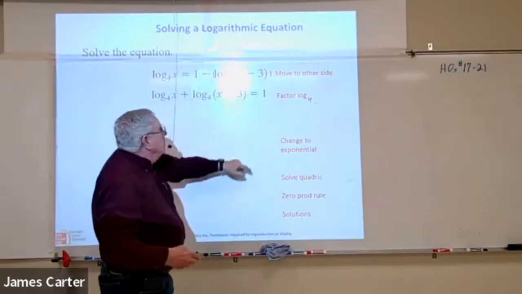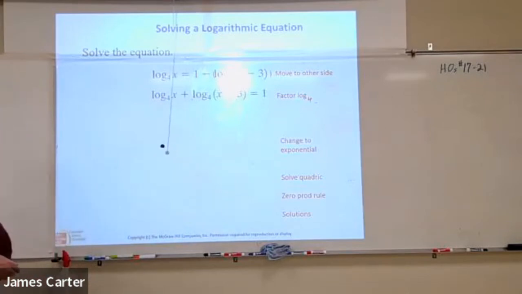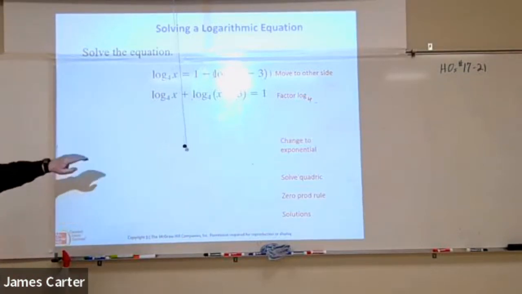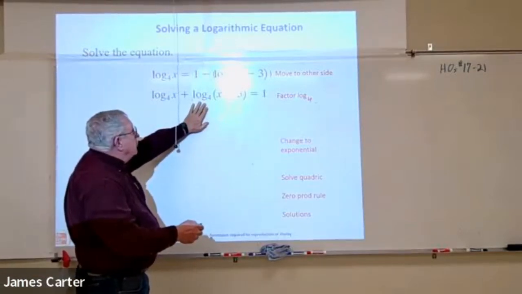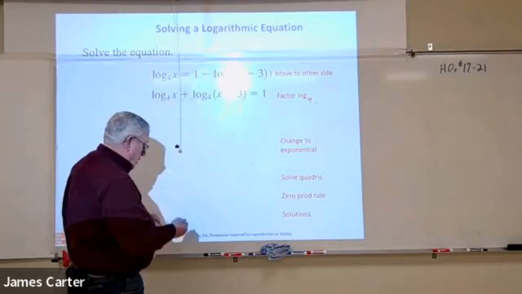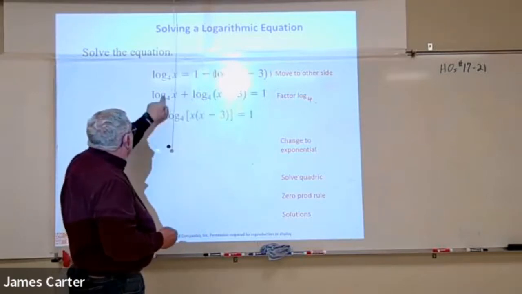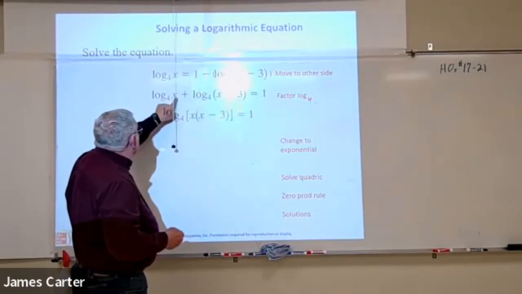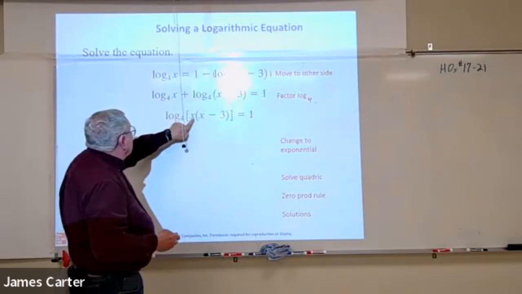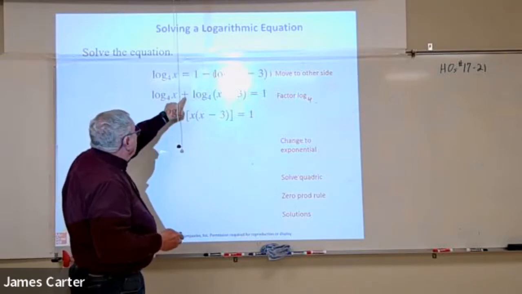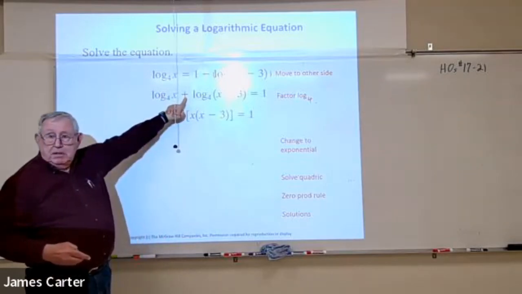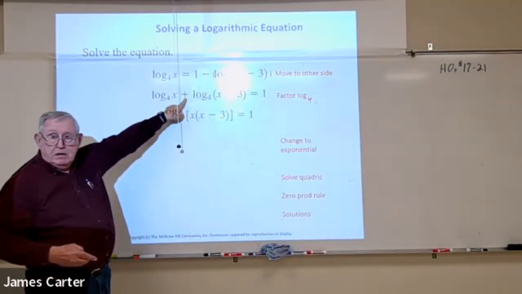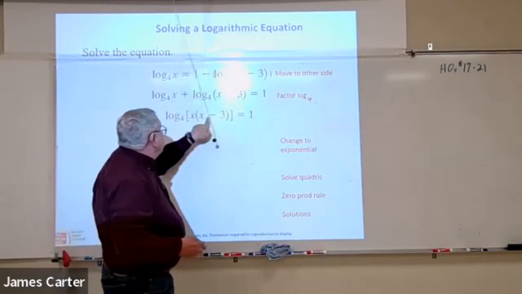The 1 is still there. Now, I've got this and I've got this. This is telling me to factor log base 4. So I've pulled the log base 4 out of here. What is this? It's just x. Plus, remember those properties we did? Plus means times, right? x minus 3.